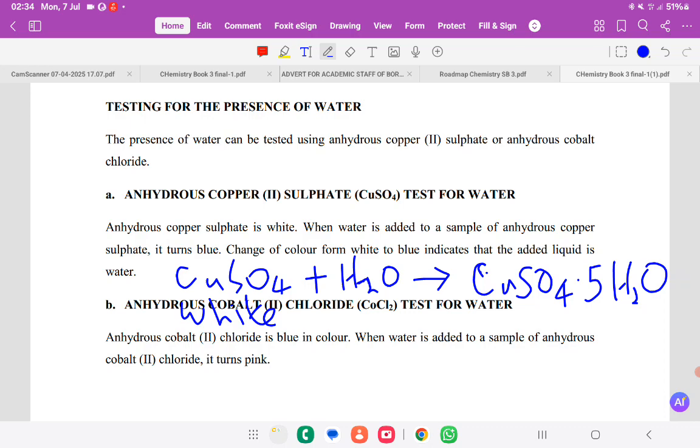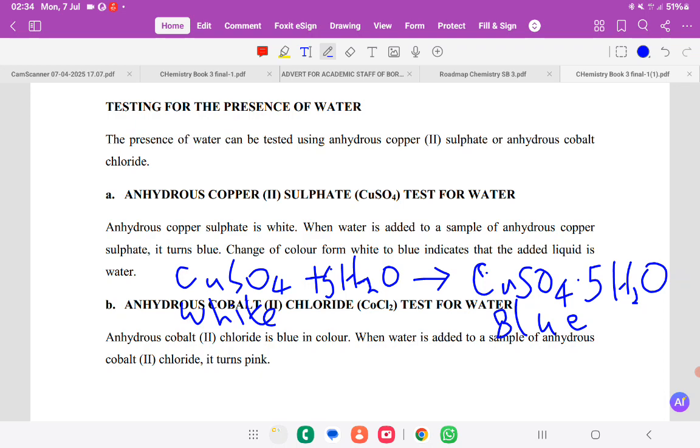In order to balance this, just put a 5 here. The product is blue. So the anhydrous copper sulfate, which was initially white, now turns to blue.